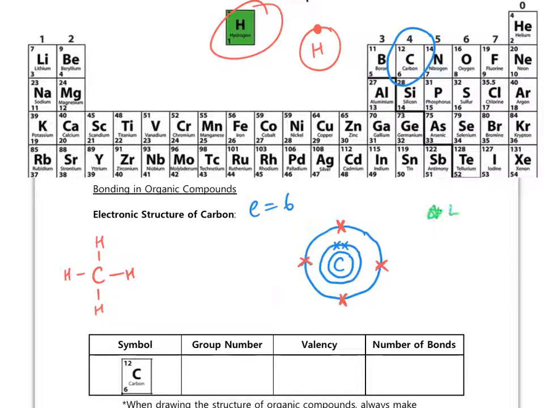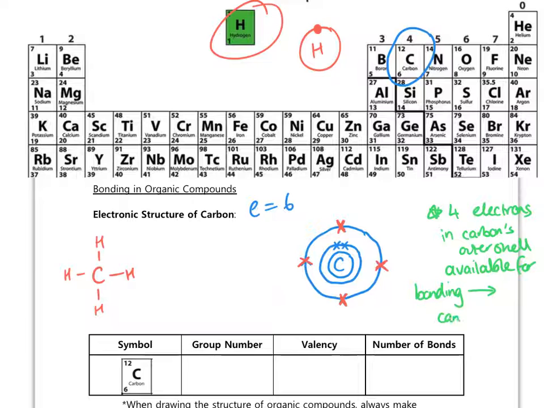Okay, so 4 electrons in carbon's outer shell available for bonding. And what that actually means is that carbon can form a total of 4 bonds.